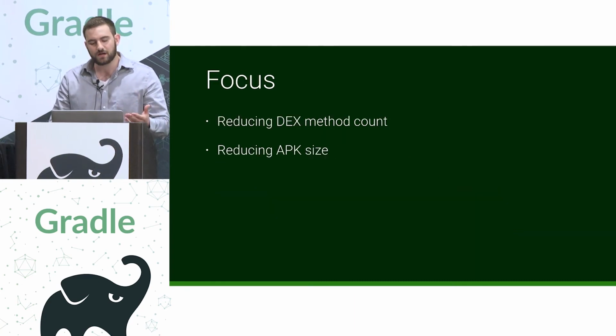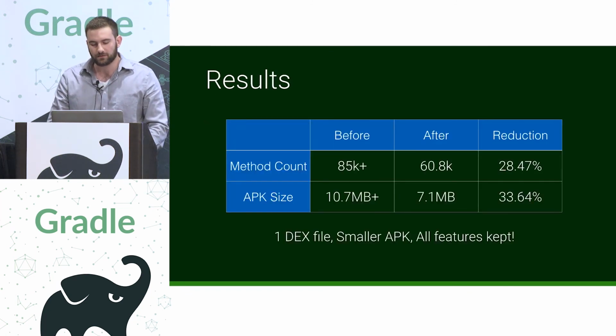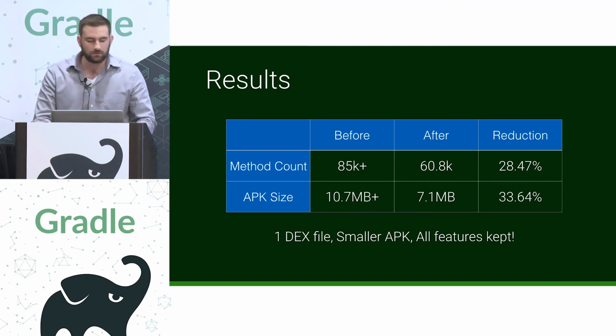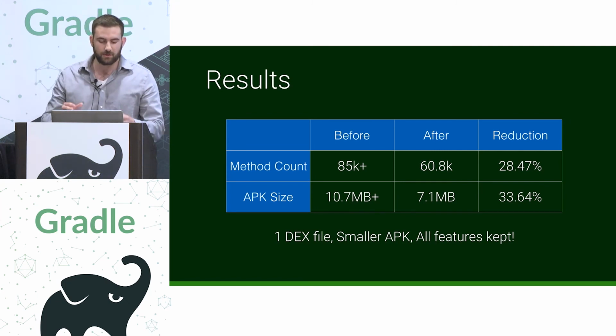So the main focus of this entire talk is just 2 things: me lowering the DEX method count, and then lowering the actual APK size overall. So let me give a sneak preview of my actual results. Before, when we first did this, post-ProGuard release builds, we had 85,000 methods, which means it spilled over into a second DEX file.